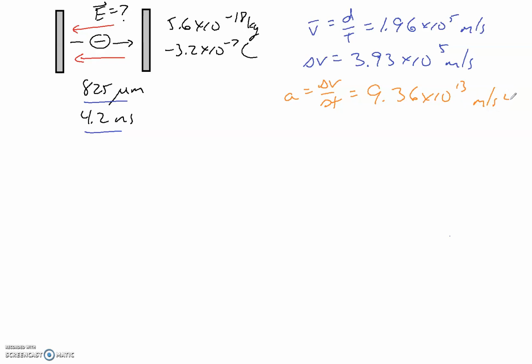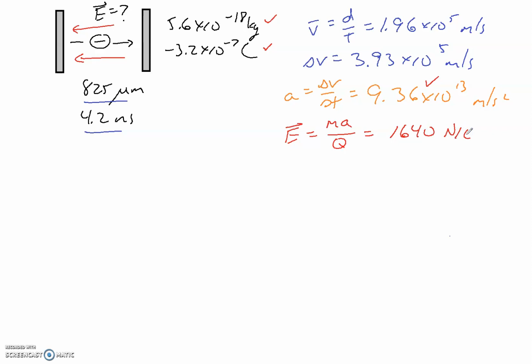Now that I have that, I should have everything I need to find my electric field, because electric field is going to be force divided by charge, and of course the force would just be ma, and I have my q value already. So I've got my mass over here, my acceleration over here, and my q over there. Multiply the top out and divide it by the q, and I will get an electric field around 1640 newtons per coulomb.